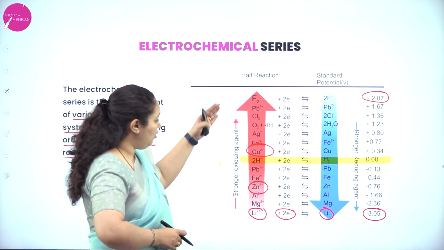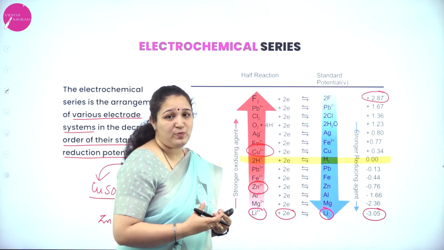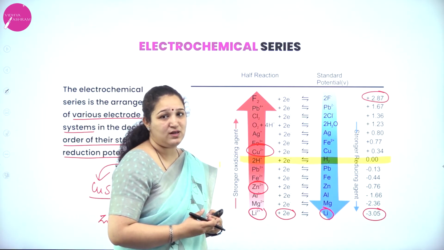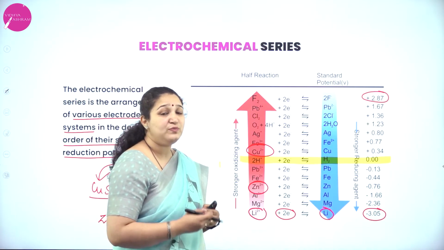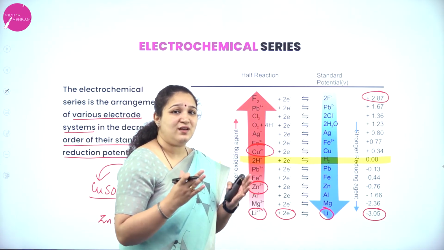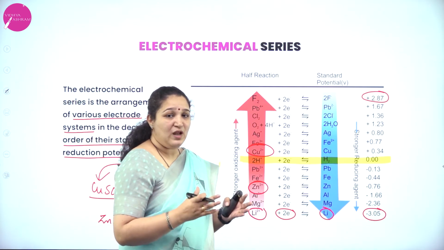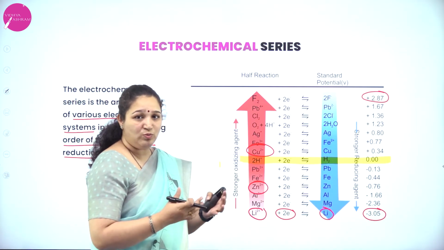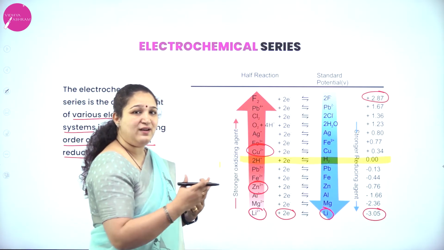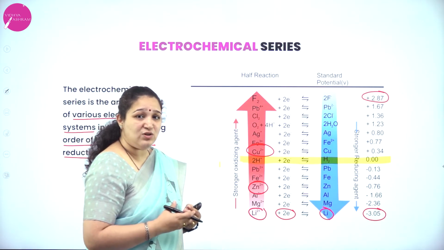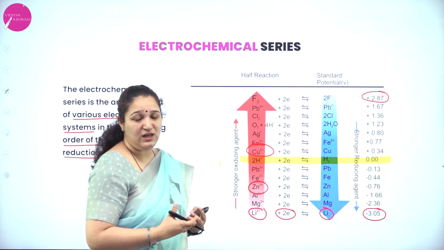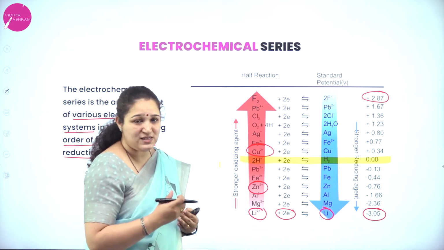Also, as we go down the series, the electropositive character of the metal increases, and to construct a galvanic cell, we can use this chart to select our anode and cathode. The one which undergoes oxidation very easily is the one we take as anode.